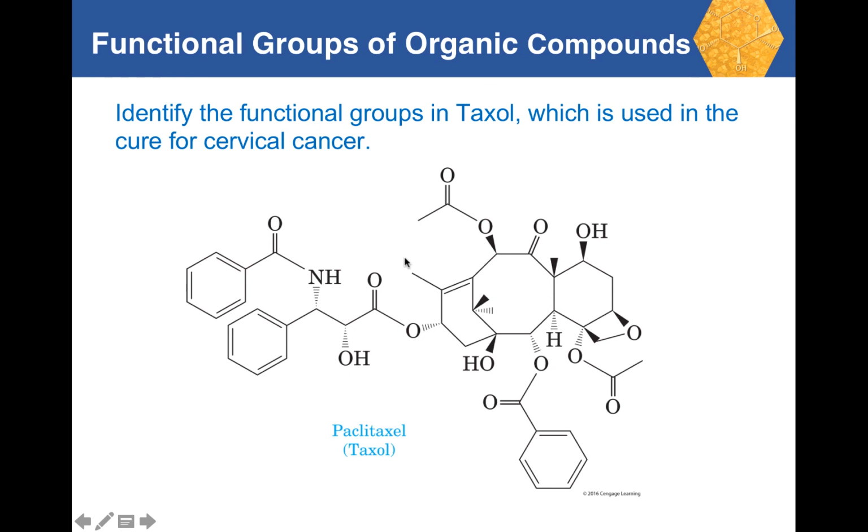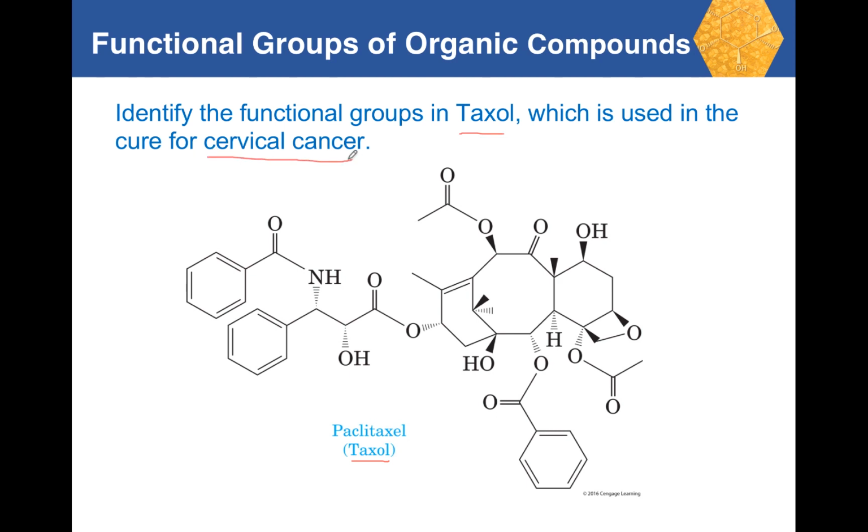So in conclusion, let us see if we can apply what we have learned here. So here's a molecule. It looks like a huge, well, it is a huge molecule. It's called Taxol, and Taxol is used in the cure for cervical cancer.